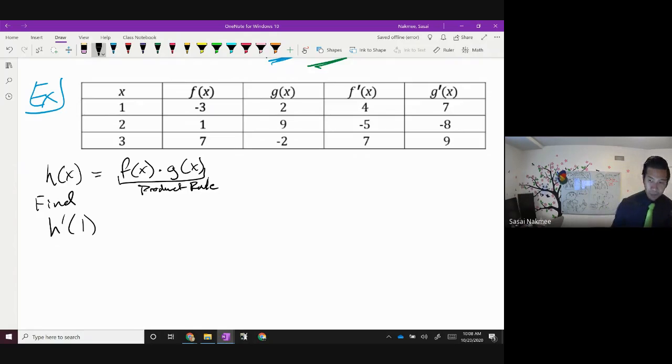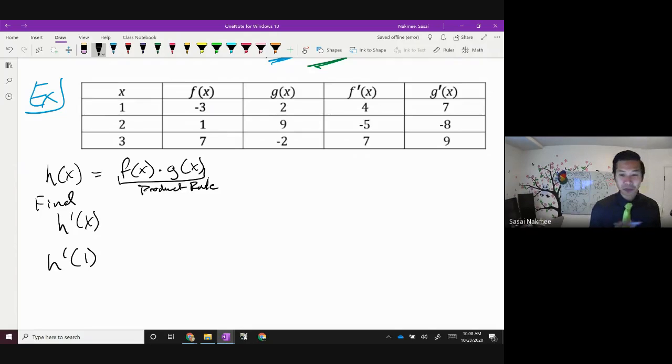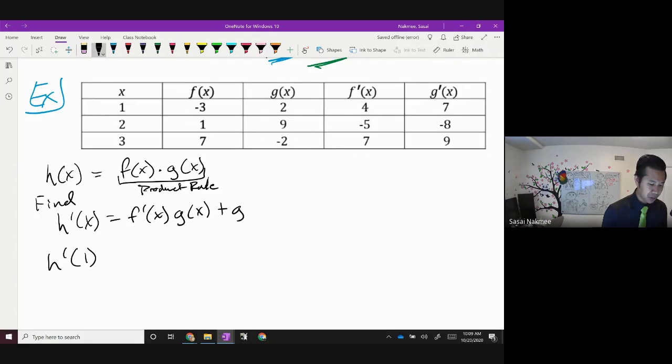Before I can do the derivative evaluated at 1, I need to find the derivative first using the product rule. I know that it's simply the derivative of the first times the second function plus the derivative of the second function times the first.